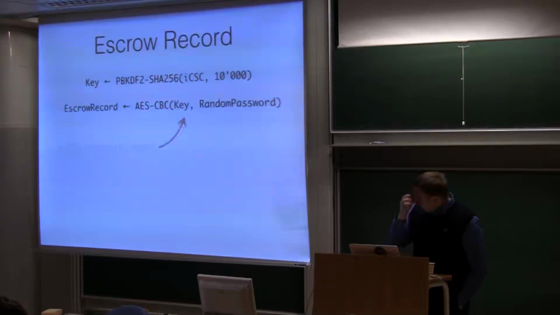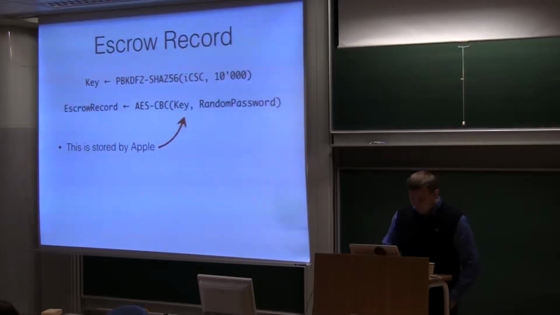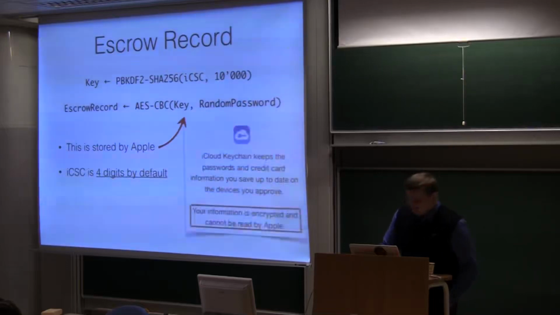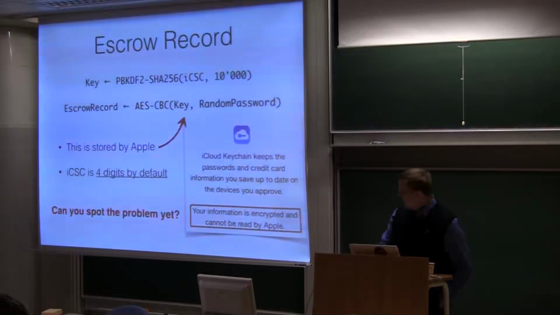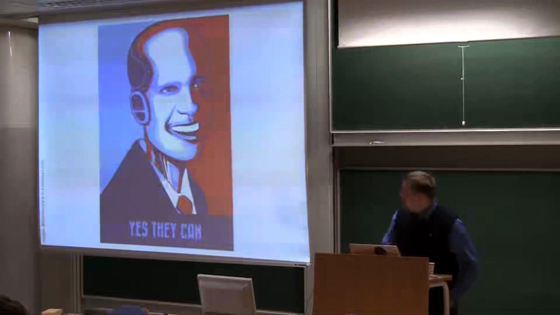Well, apparently, this stuff is stored by Apple on their servers. The iCloud security code is 4 digits by default. Anybody sees any problem? And Apple states that information cannot be read by Apple. Really? Well, my response is that yes, they can.